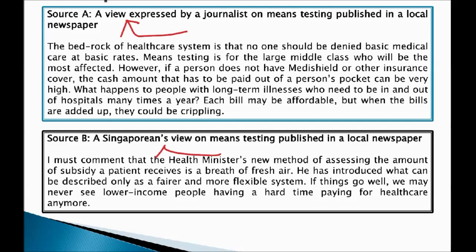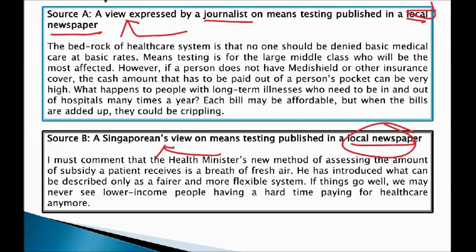These two are the provenance. They tell you that this is by a journalist on a local newspaper. So the origin is taken from a local newspaper. This is also taken from a local newspaper. So on the T-chart, the left and right columns should be local newspaper.